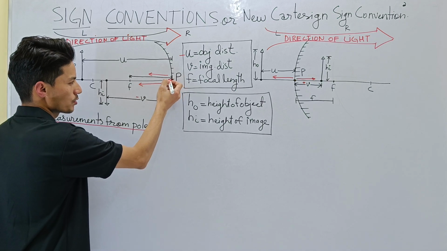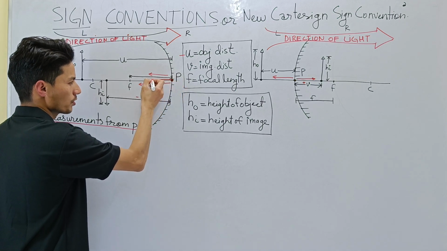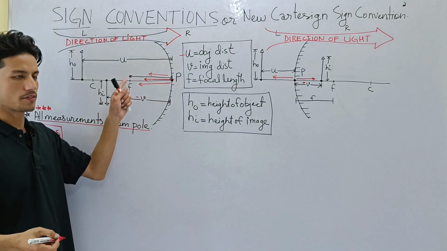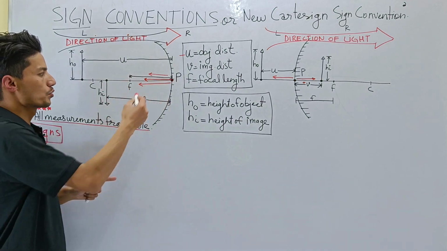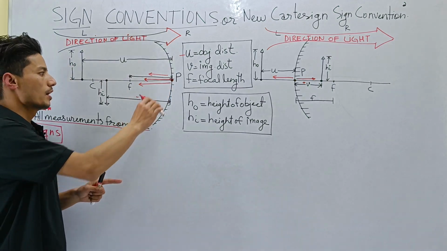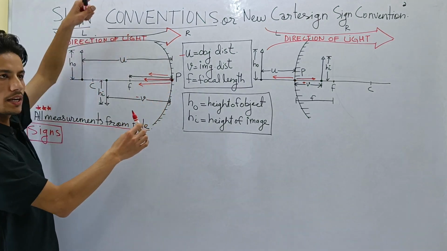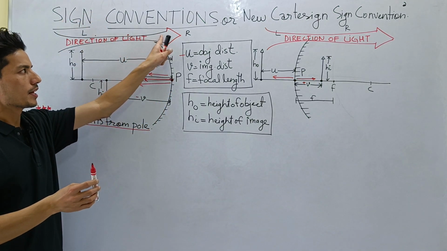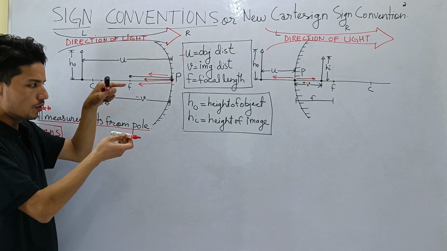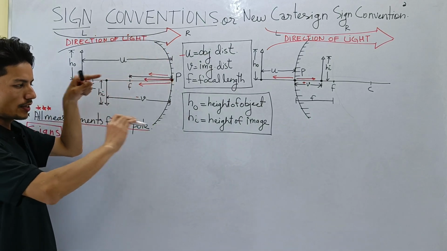Let's measure the focus. As I walk to measure the focus, I am moving in this direction, from right to left. As I move along this direction, I look up to check my direction with respect to the direction of light. Am I moving along or opposite to the direction of light?